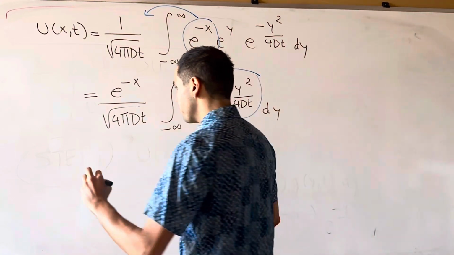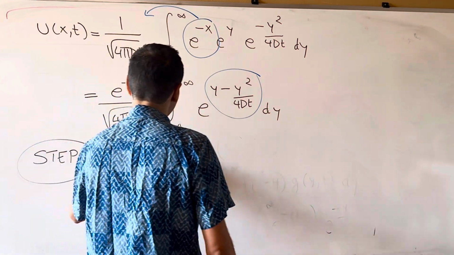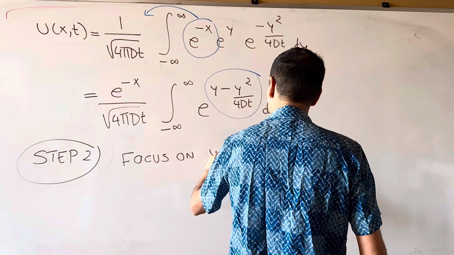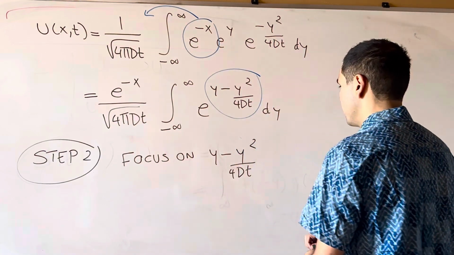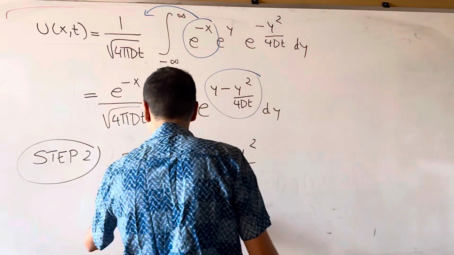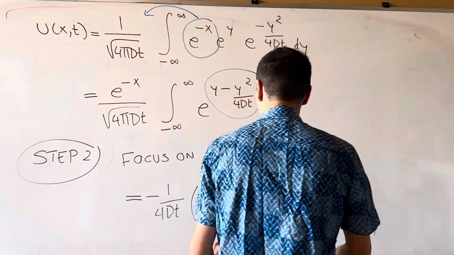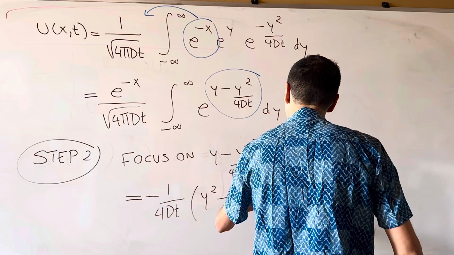So let's do that. So step 2. So now let's focus on y - y^2/(4dt). So we can factor out this -1/(4dt). And then we're left with y^2 - 4dty.